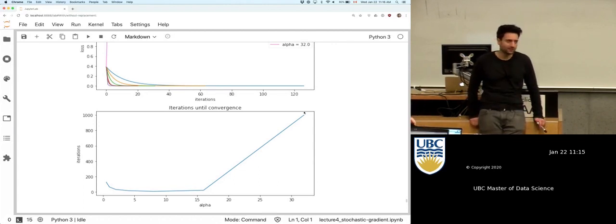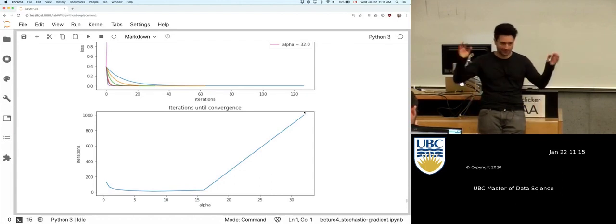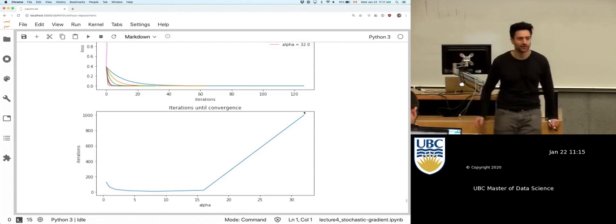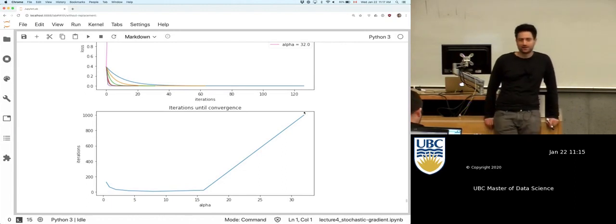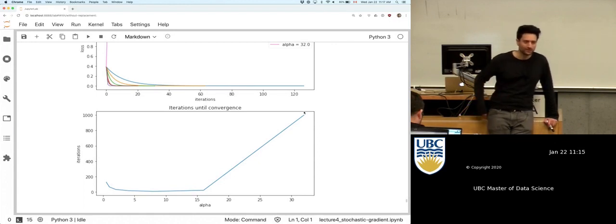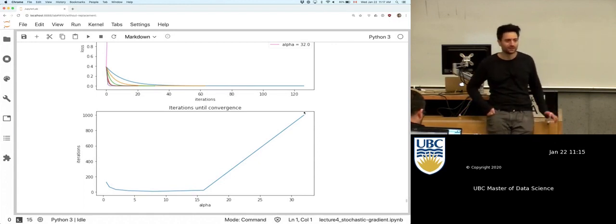It helps if you scale the data, in the sense that the scaling of your data is going to result in a scaling of alpha, or what a good alpha would be. And so that's one of many reasons why people do the normalization or the standardization that you talked about in the other course. It does seem kind of weird, why should the scale of my data affect the learning rate?